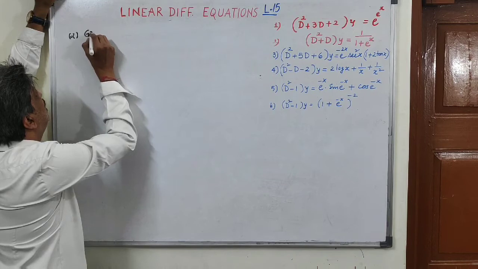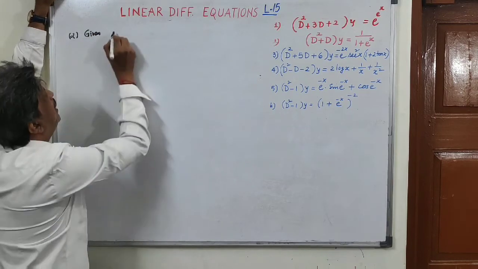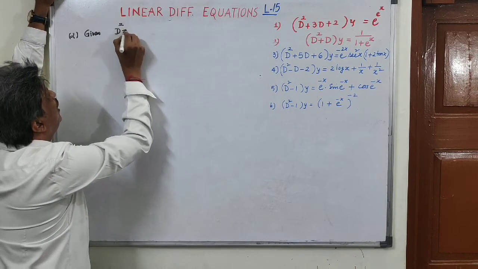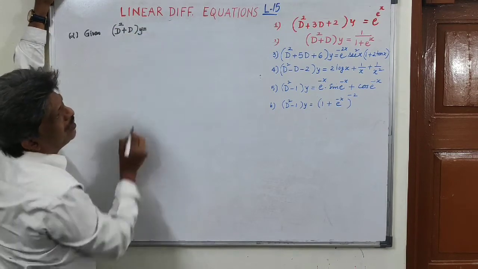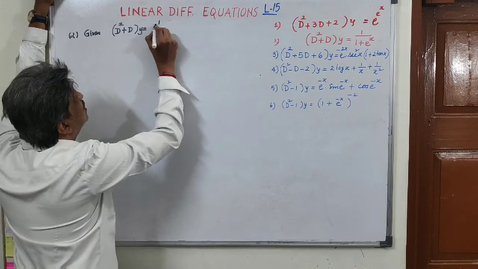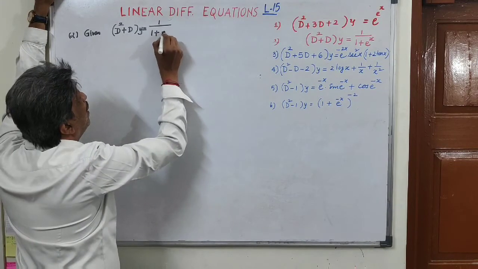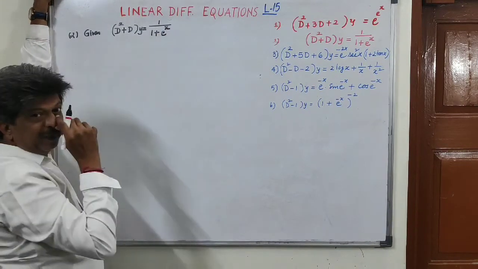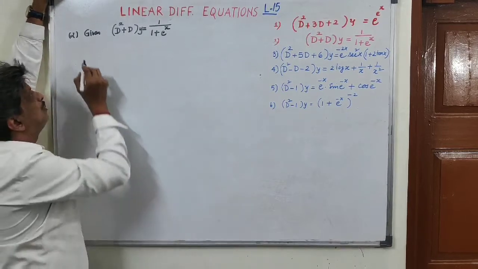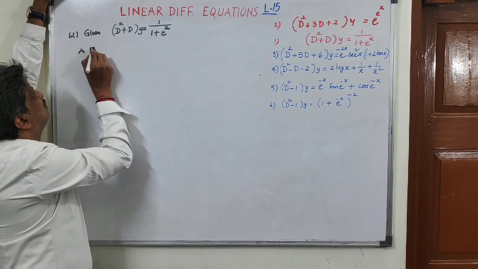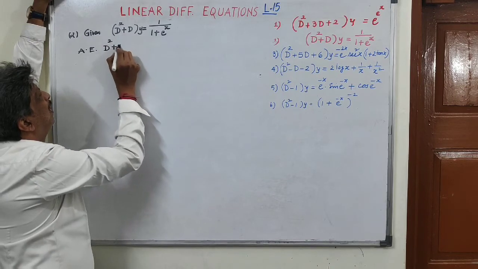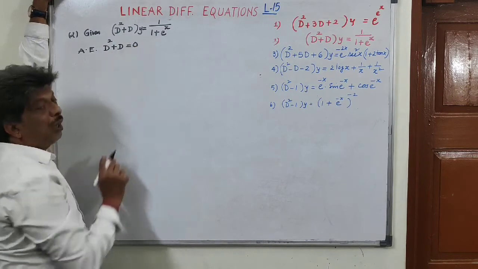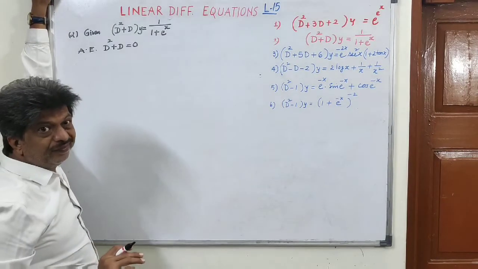Given, what is given? D square plus D, that is f of D, into y is equal to 1 upon 1 plus e power x. What is our auxiliary equation? D square plus D equal to 0. What are the roots of this auxiliary equation?